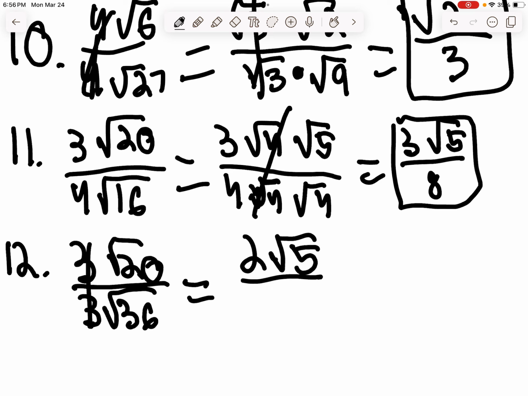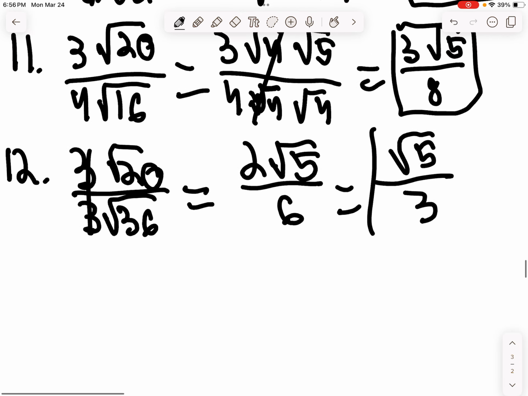Over here, I'll have the square root of 36, which is just 6. And we could simplify it to be 1/3 square root of 5. Or as I'm sure that they'll prefer for you to write it, square root of 5 over 3. Boom.